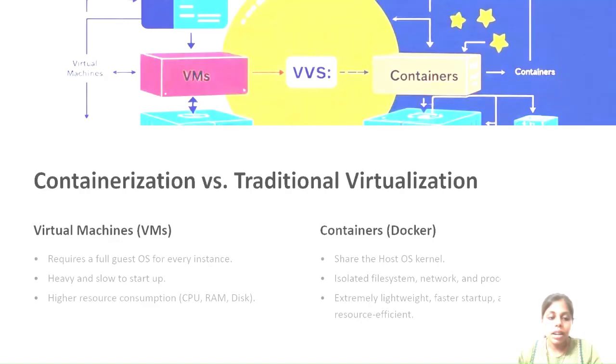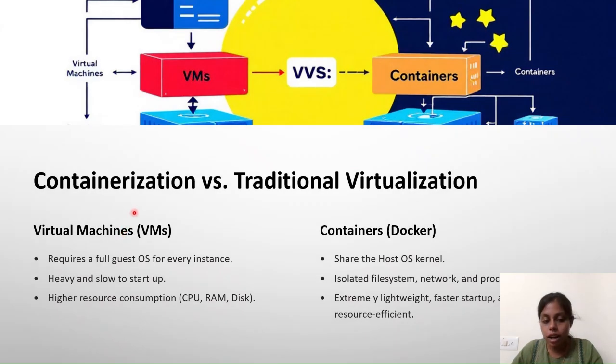Next is containerization versus virtualization. To understand Docker better, let us compare it with virtualization. In traditional virtualization, we use virtual machines or VMs. Each VM runs a complete operating system on top of a hypervisor. That means for every application there is an entire OS running underneath, making it heavy, slow to boot, and resource consuming.